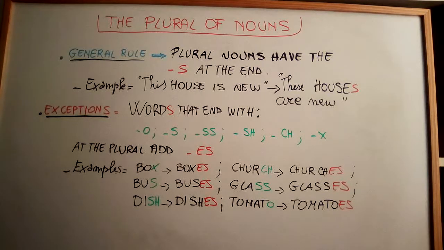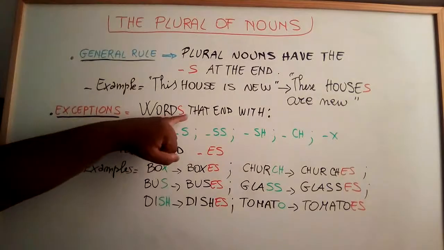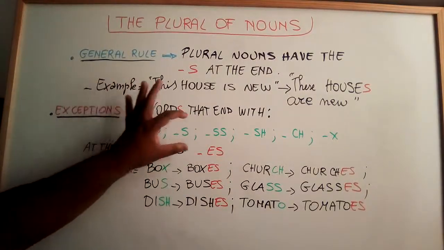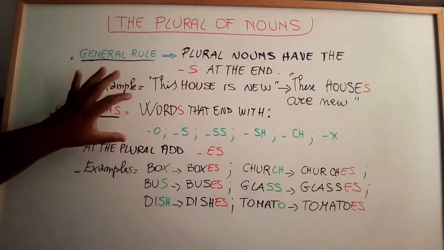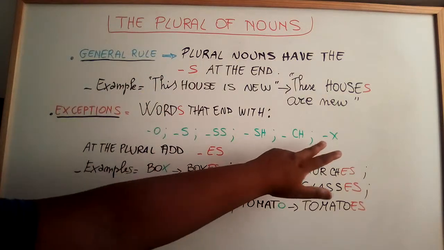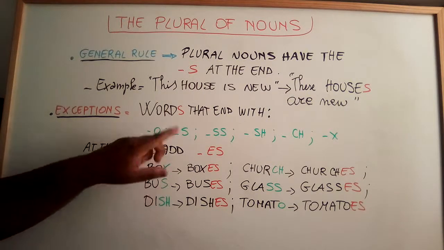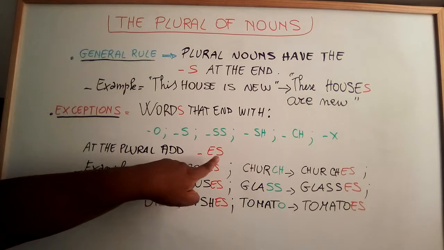street, streets. Okay? But there are some exceptions, and the words that end with these. Okay, if a word ends with one of these letters or syllables, you have to add es.